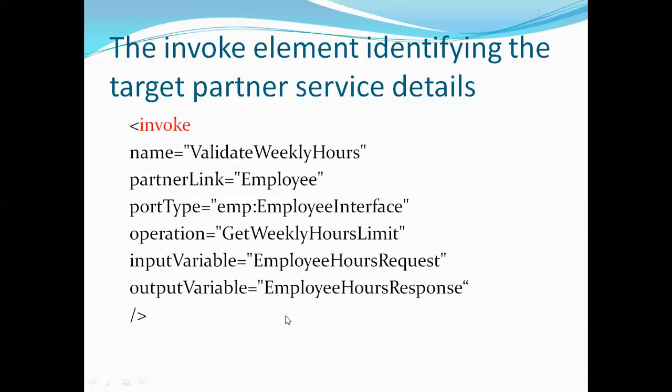Whenever you get the weekly hours, you compare these weekly hours with the recorded hours total. If that recorded hours total is less than or equal to the weekly hour limit, in that case, the timesheet is accepted. In this way, different elements are used in business process execution language.